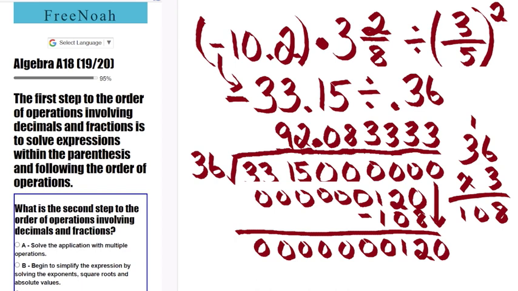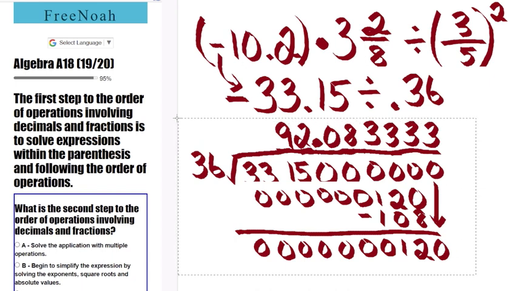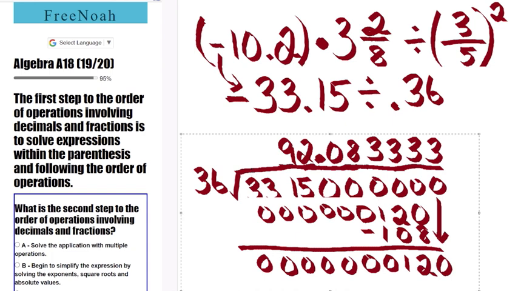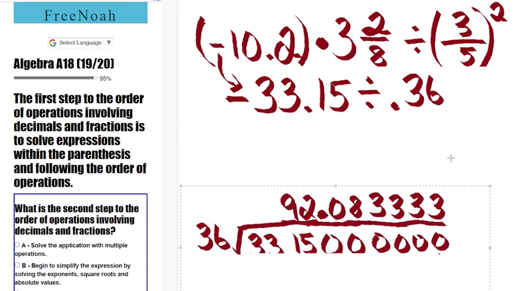So we have our 0 going down, giving us 120. 36 goes into 120 3 times, 3 times 36 is 108, and 120 minus 108 gives us another 12. So we can already see there's a pattern here. It's just going to keep going on. The 3's are just going to be endless at this point.